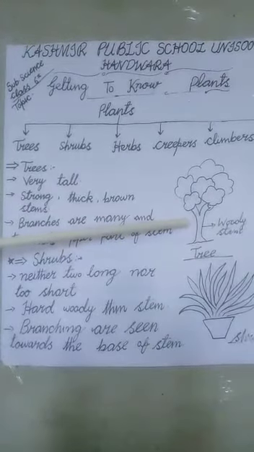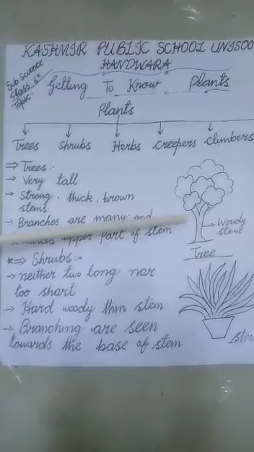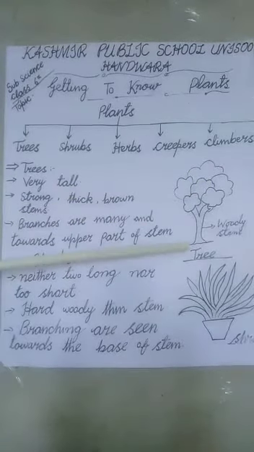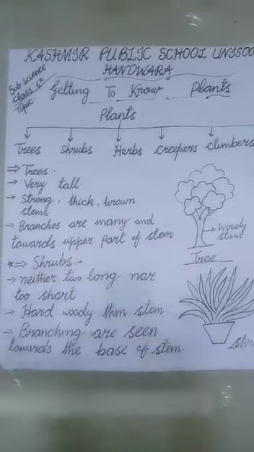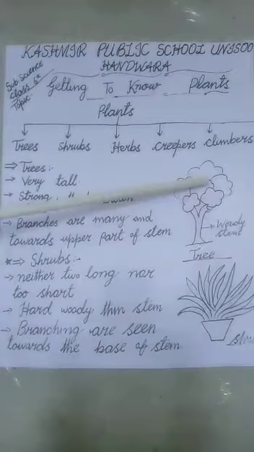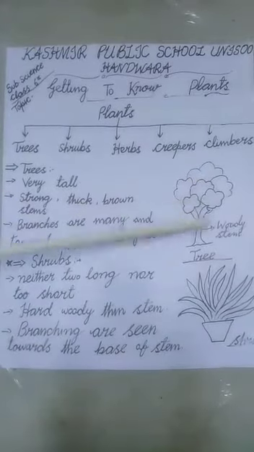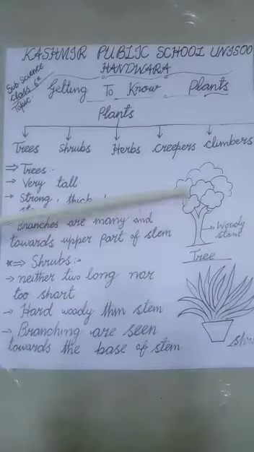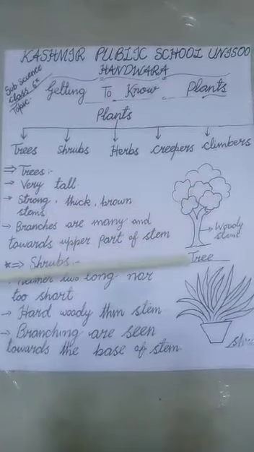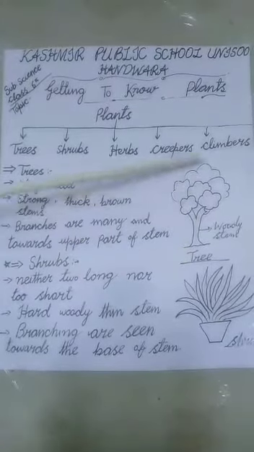Dear listeners, you don't find the branches at the bottom of the stem. Only after reaching a certain height, you can find the branching. There are so many branches which are filled with leaves, and it forms an umbrella-like shape as a crown.